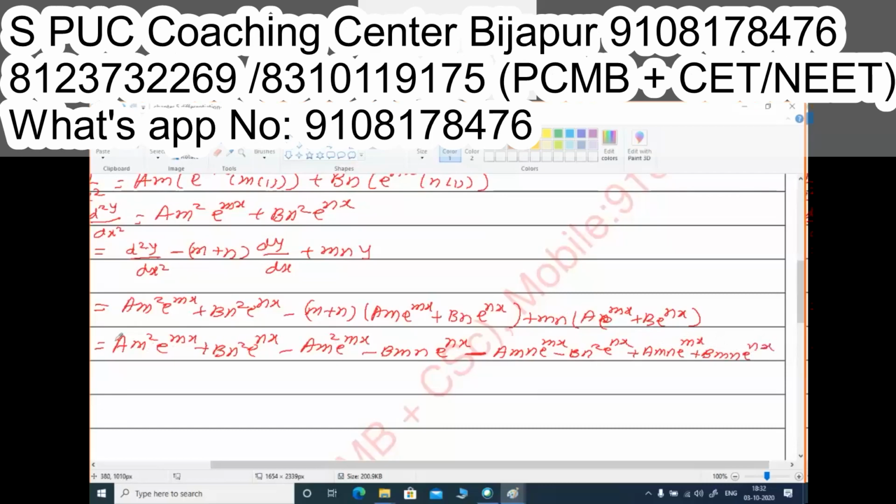You see here, this plus am square e raised to mx and this minus am square e raised to mx are going to get cancelled. Similarly, bn square e raised to nx, there is one more.